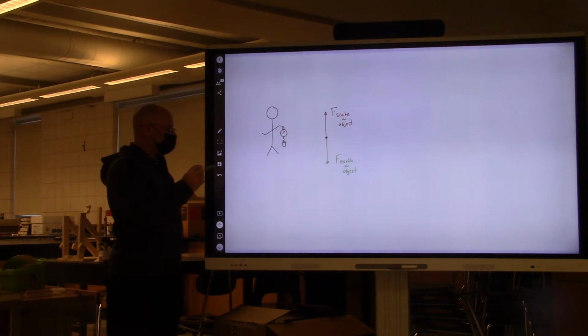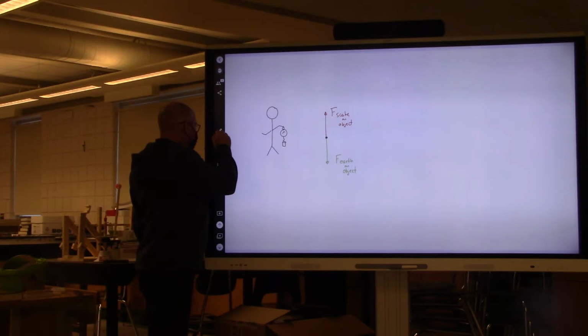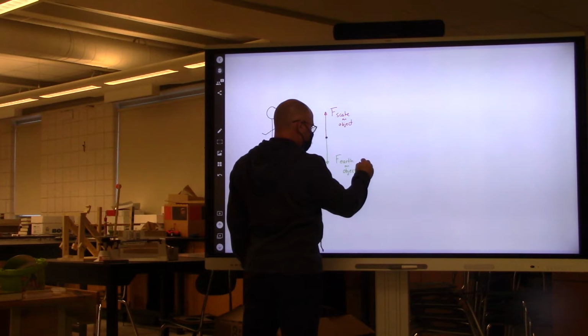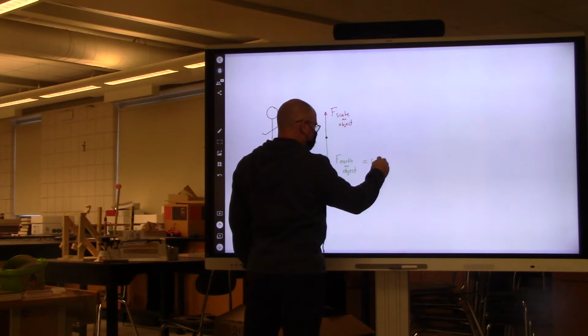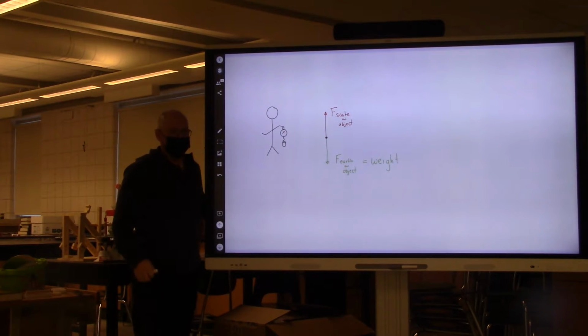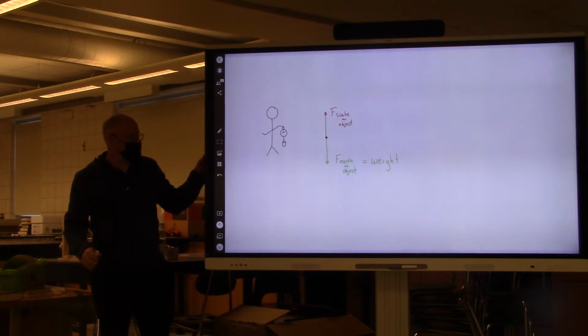So this, last week, you guys decided that the force of the earth on the object was our definition of the weight. Okay? That's our definition of the weight. It's the force of the earth on the object.